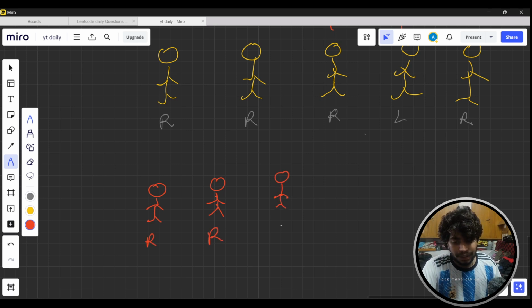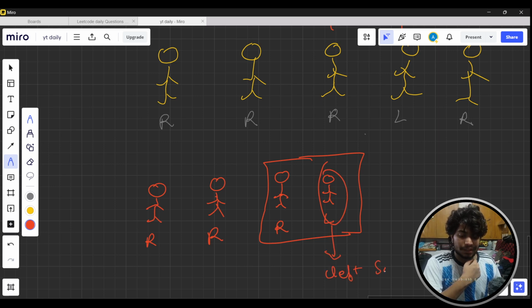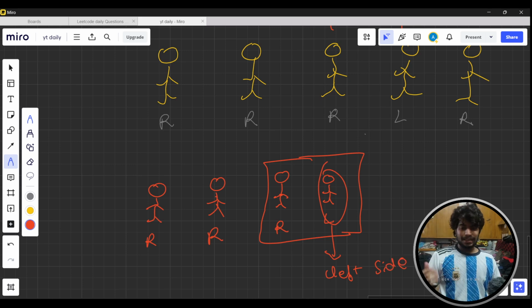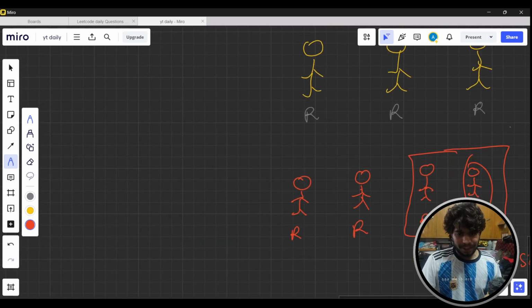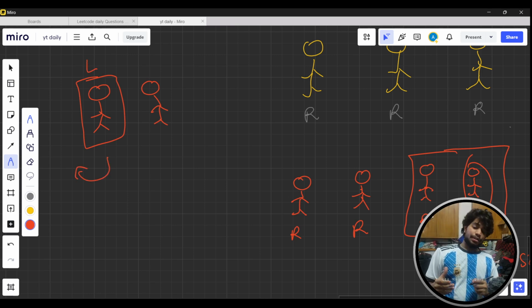It is moving in right direction, but those two will collide since this robot will be moving in left side for sure. Can I say if there is a robot here moving in left direction, there will be no collision?